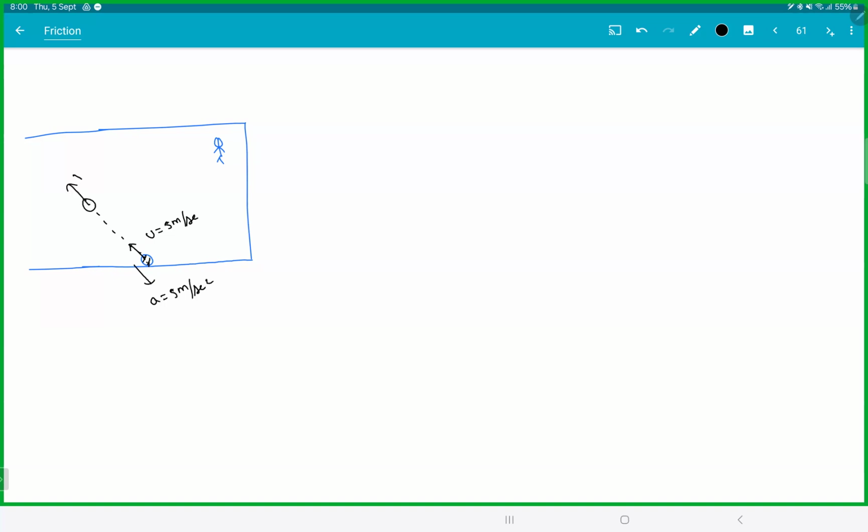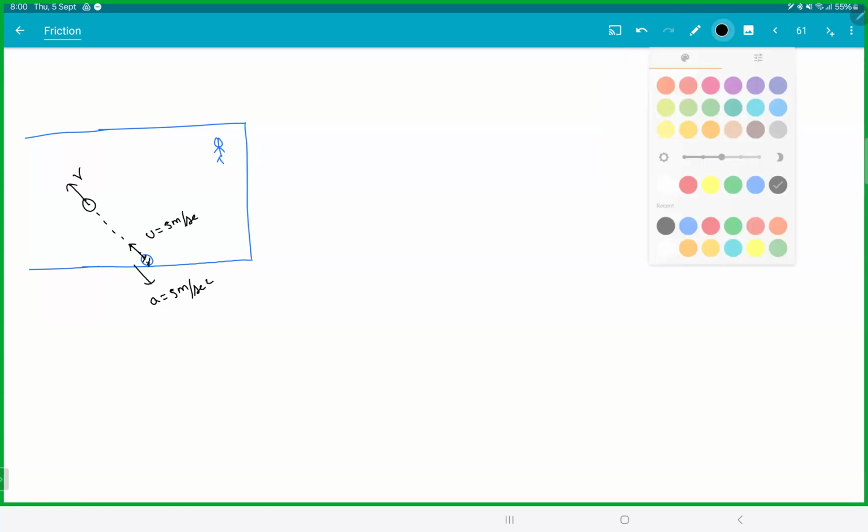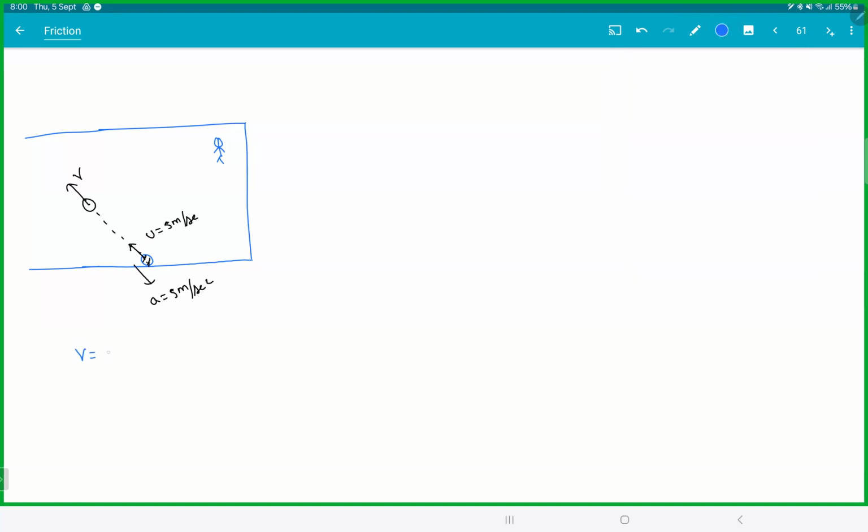After reaching somewhere here, you'll have a speed v here. And we know v is equal to u plus at. So that will be 5 minus 5t. But be careful, this is the velocity of the coin with respect to the belt.